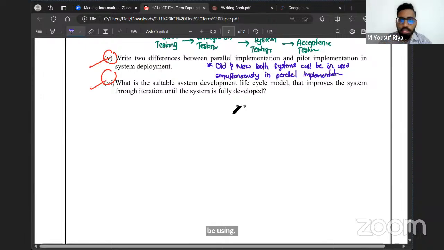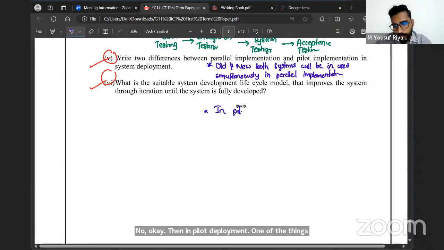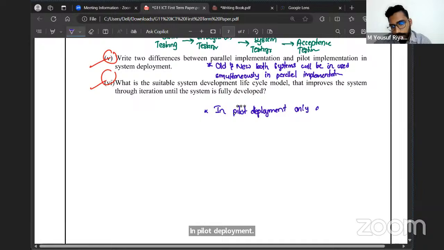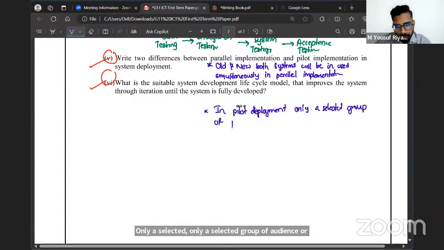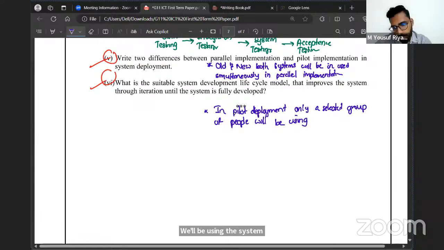No. Okay. Then in pilot deployment, one of the things you might notice is that only a selected group of people will be using the system once deployed.